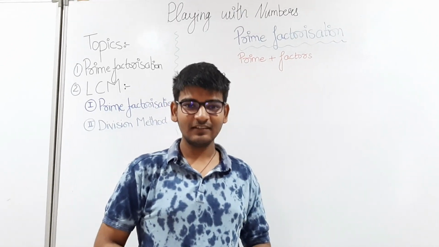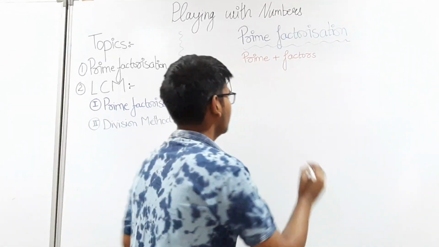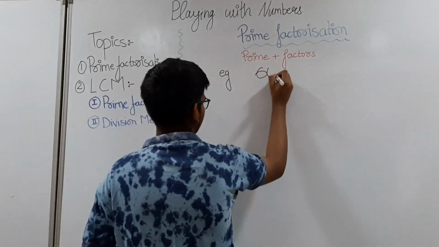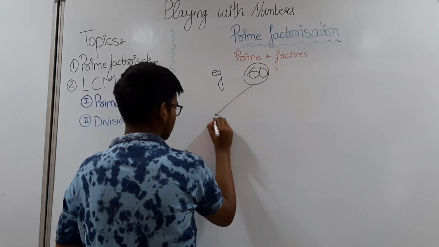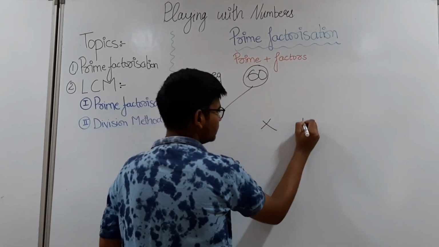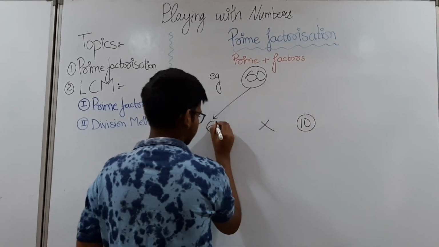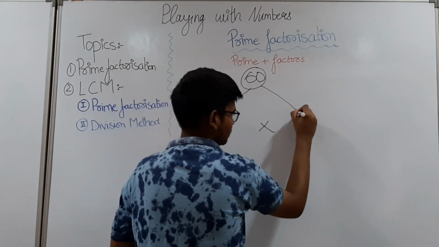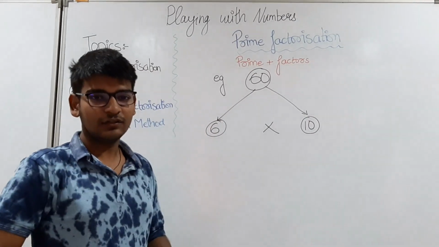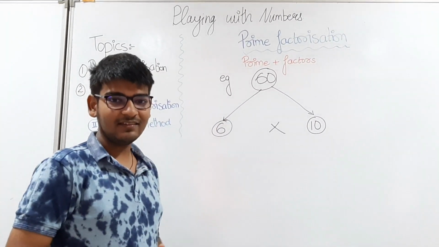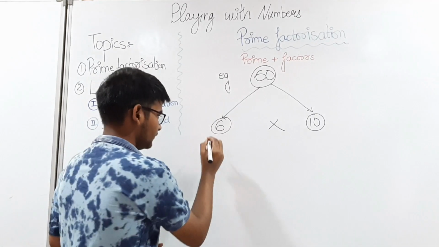So let us take one more example, that is 60. As we know that 60 is equal to 6 into 10. But since both of them are composite numbers, we can factorize them further into prime numbers.